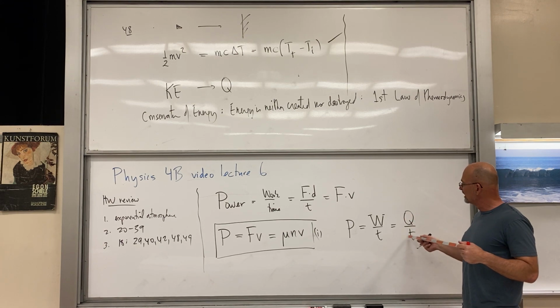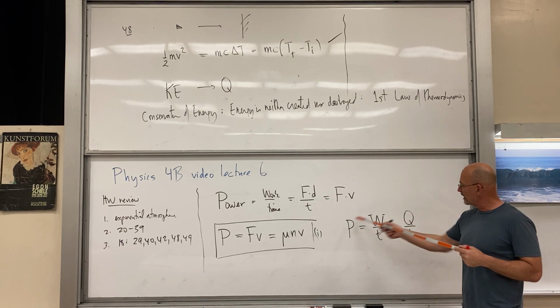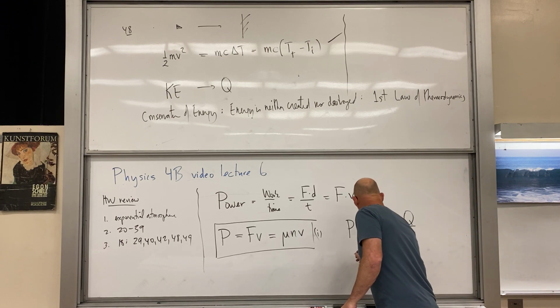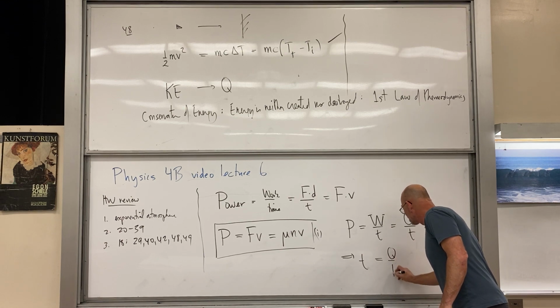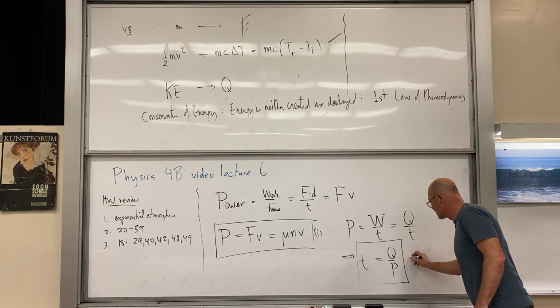Q over T, okay, so joules per second, right? So watts would be joules per second. So from this way of looking at power, we have time is equal to Q divided by P. So that is our second expression.